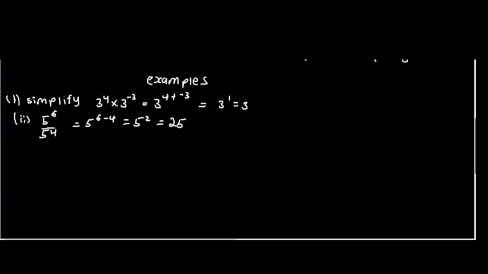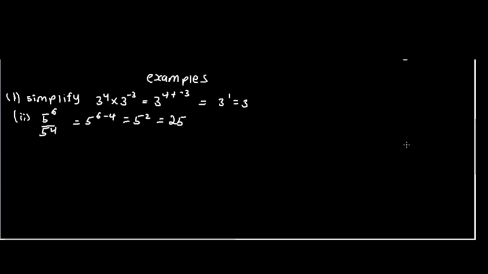And then let's also try out the last one. Assuming we have: simplify 4 to the power of 6, in a bracket, and then it is also to the power of 2 over 3.